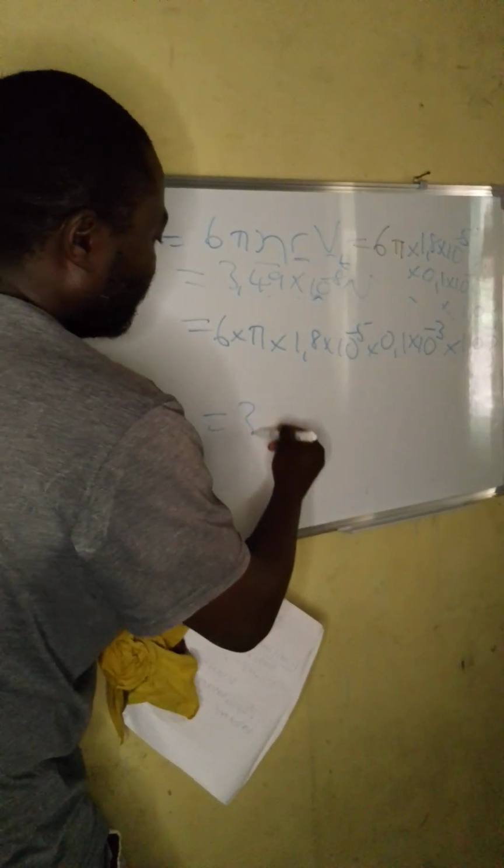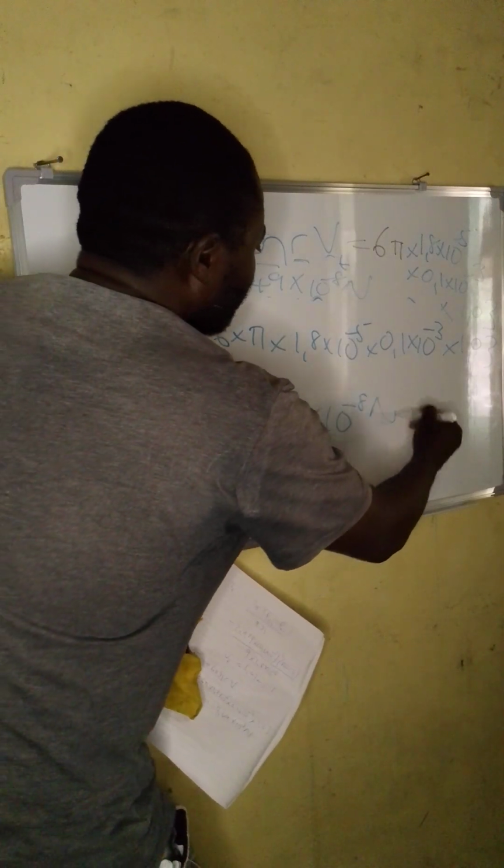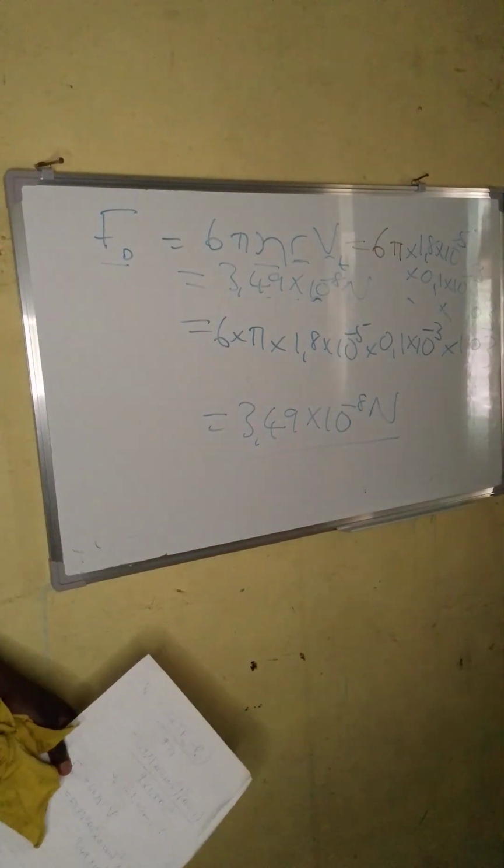So we should get 3.49 times 10 to the power minus 8 newtons. Simple as that.